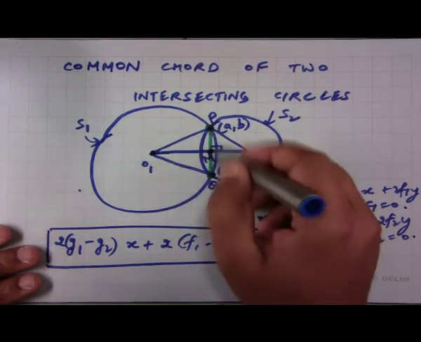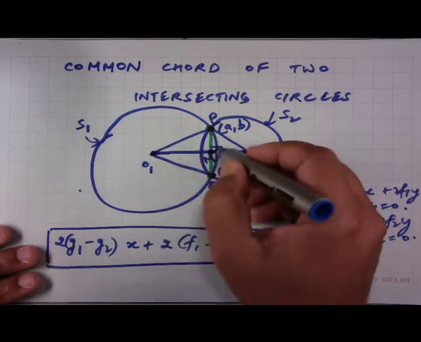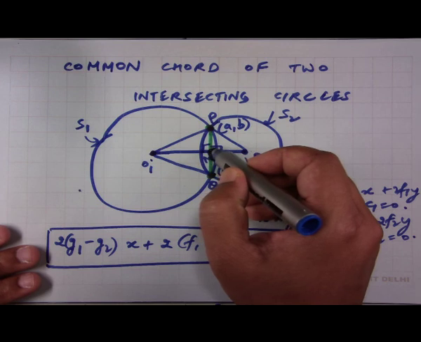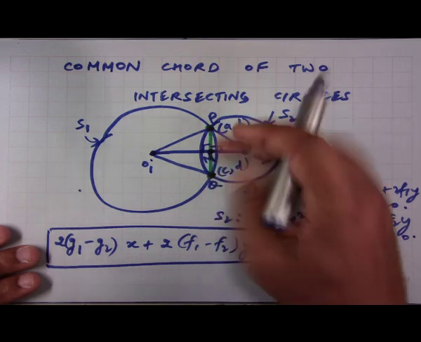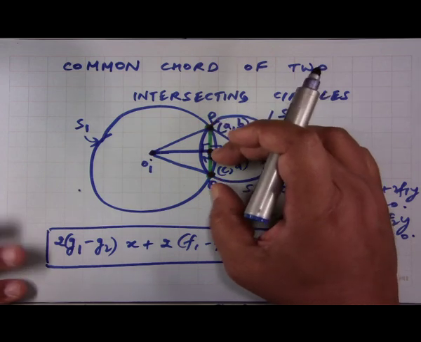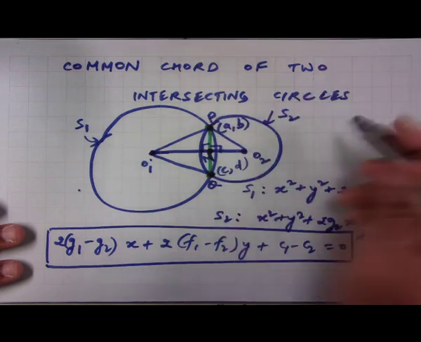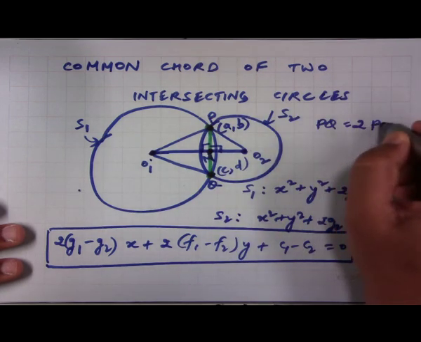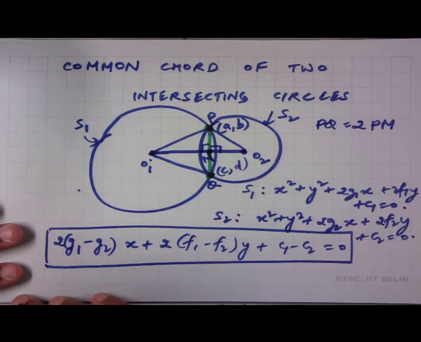And because O1MP is 90 degrees, it follows that M is the midpoint of this chord PQ. And since M is the midpoint of this chord PQ, the length of the chord PQ will be equal to 2 times the length of PM.